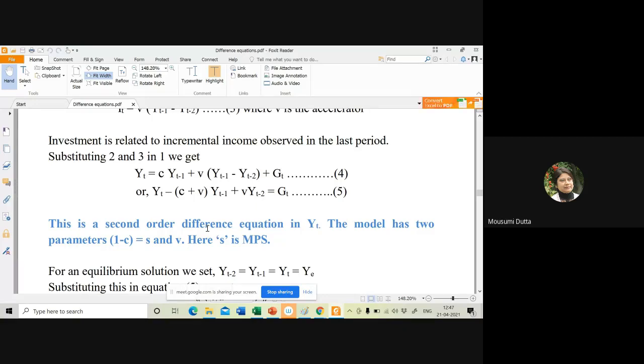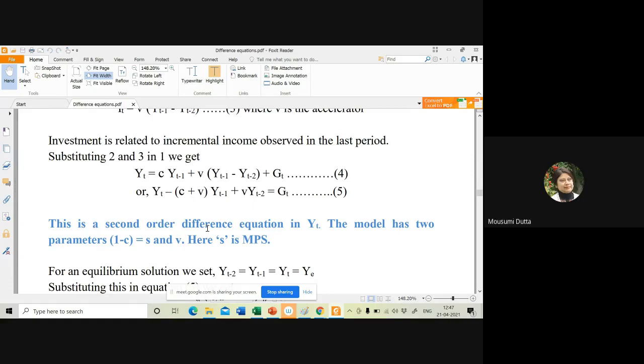Substituting this in equation 5, we get... write the equation in terms of YE and then calculate YE. Ma'am, YE is equal to GT over 1 minus C.